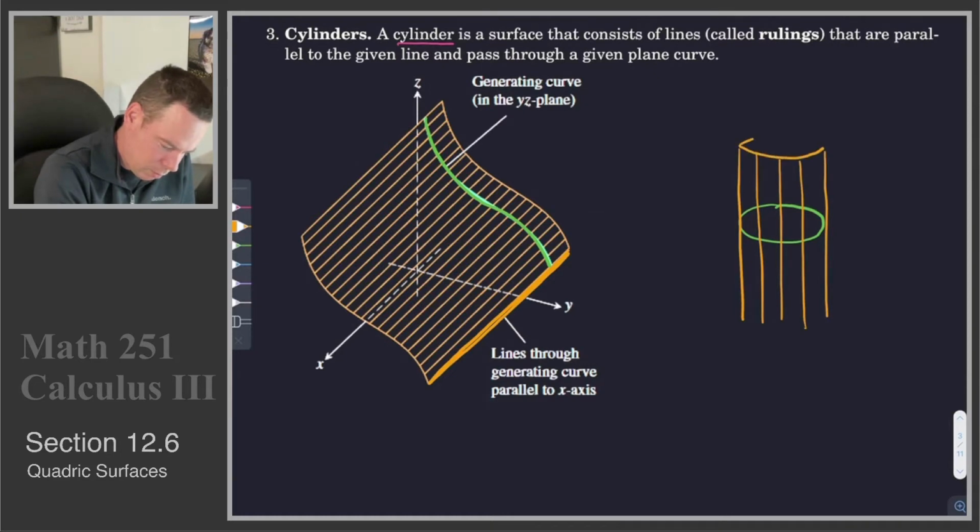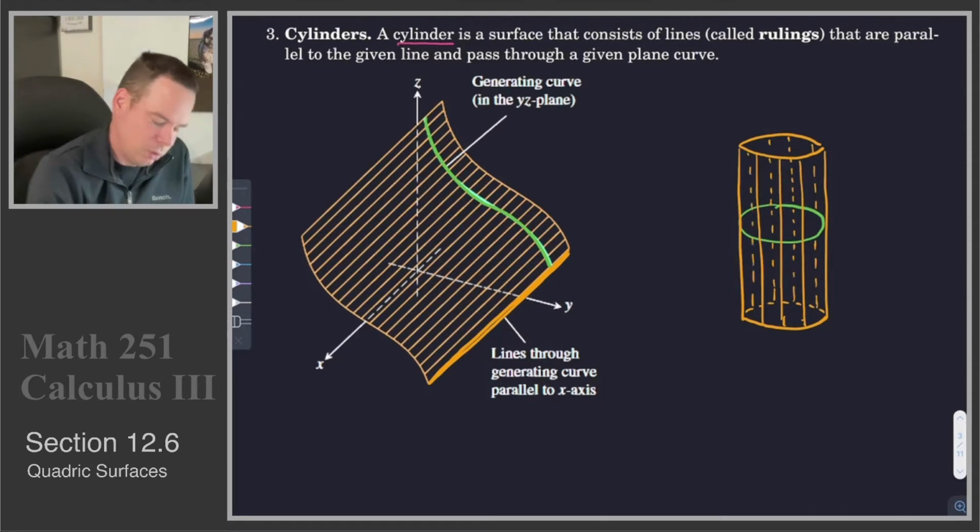probably high school. Maybe I'll draw it like this, and then I'll put in some dotted lines back here, a little bit more perspective, maybe a couple of dotted lines here to say those are going on in the back. And so this is your classic cylinder that you're probably used to seeing.